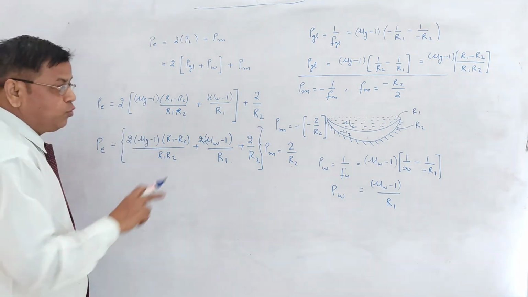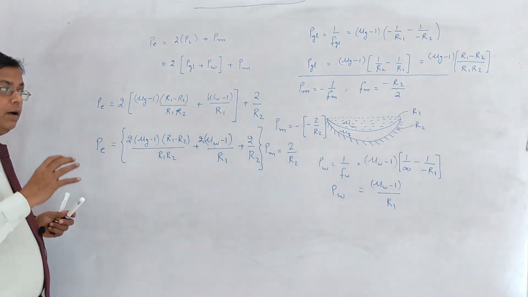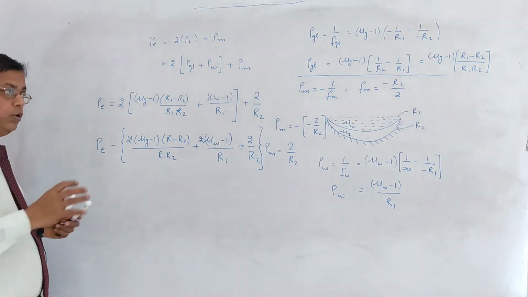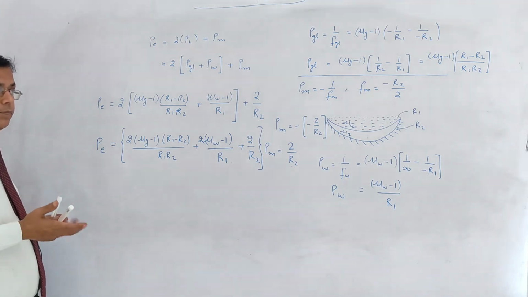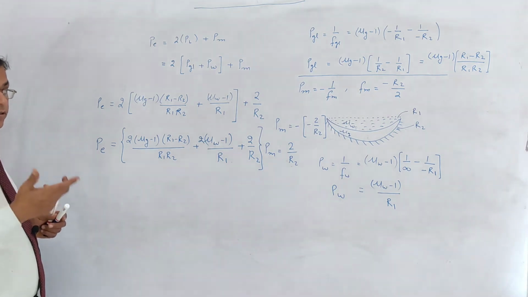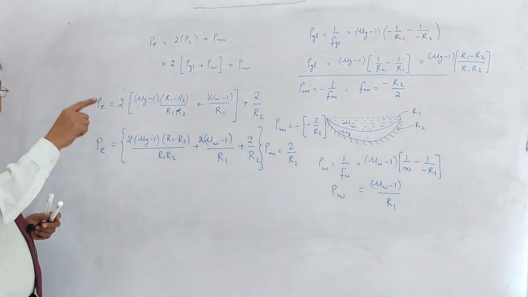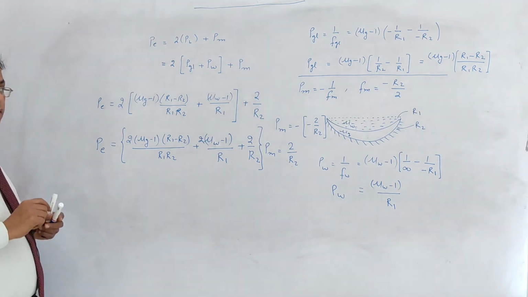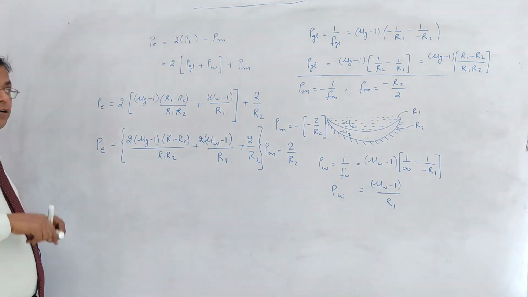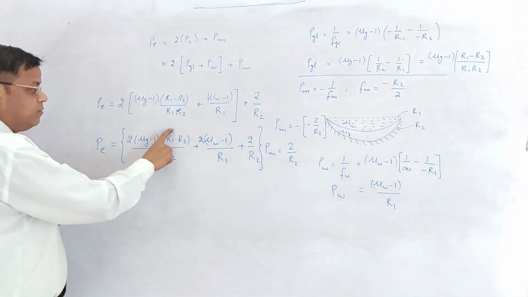So it is concavo-convex. While I was telling you how to name the lens, I told you the name of the bigger radius surface is taken first. So it is concavo-convex, which means the concave surface has more radius. It means R1 is greater than R2 in this case. And if R1 is greater than R2, then this will be positive.